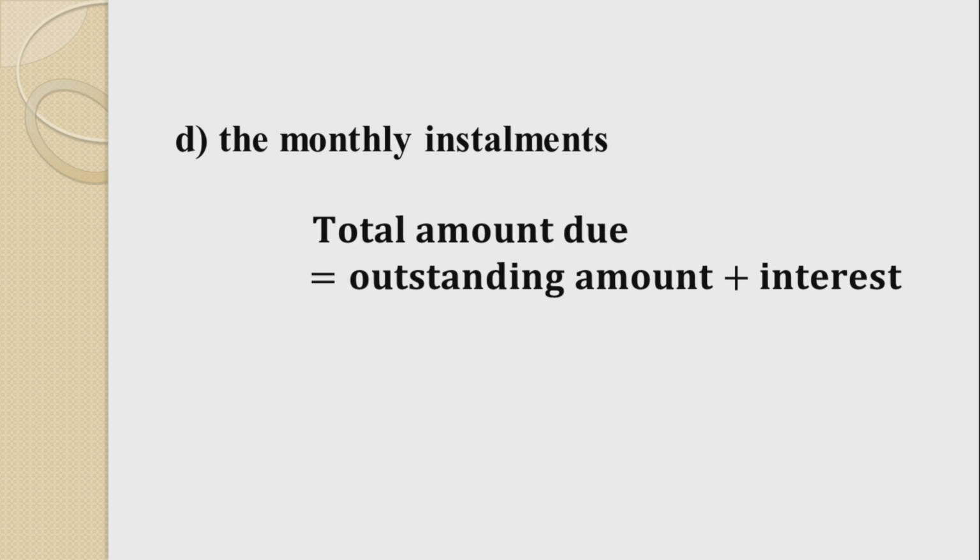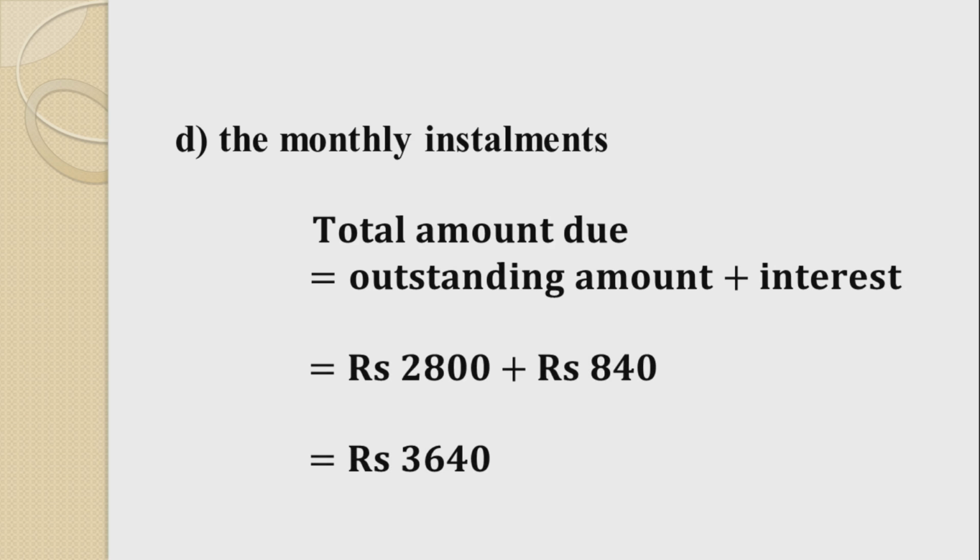What are the monthly installments now? The total amount due is the outstanding amount plus the interest. Here it is 2,800 rupees plus 840 rupees, which amounts to 3,640 rupees. Therefore, the customer needs to pay 3,640 rupees.